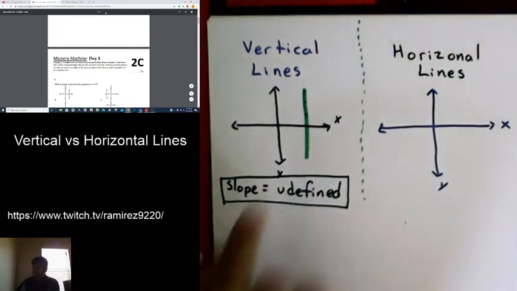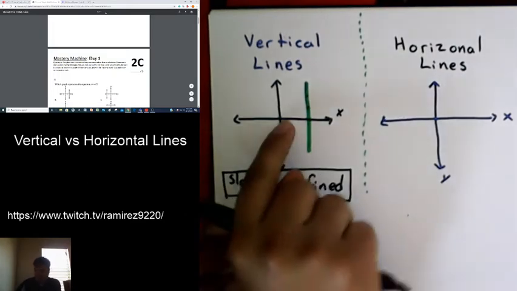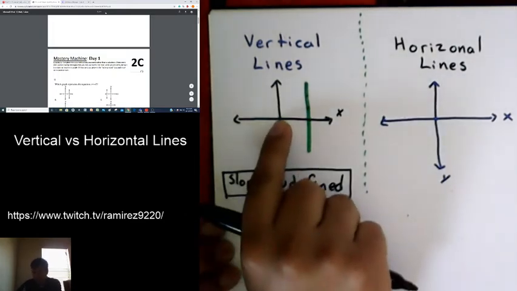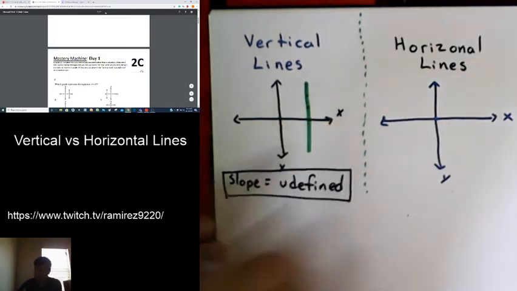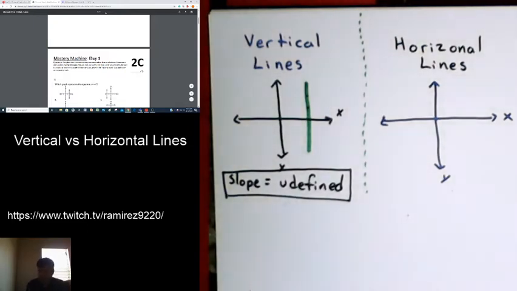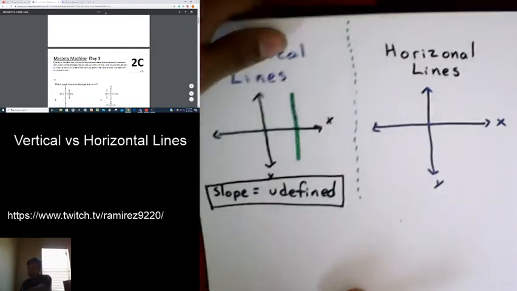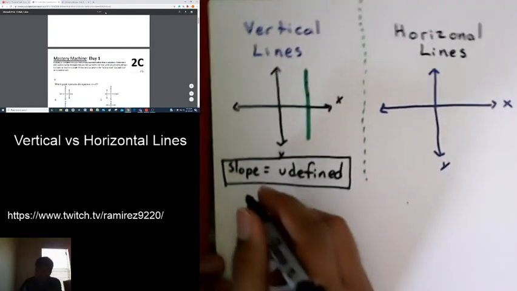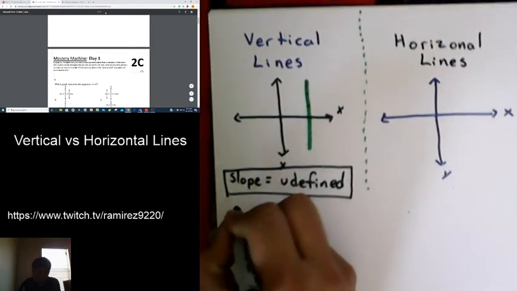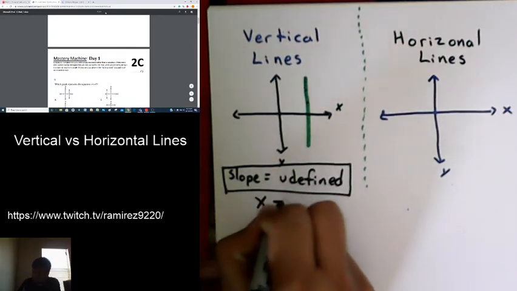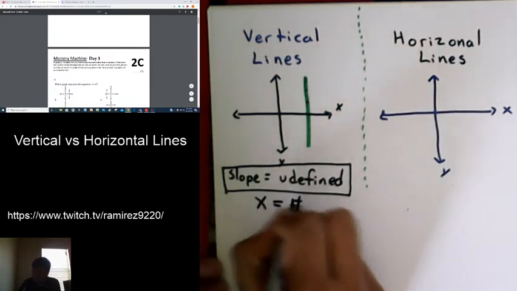Well, keep in mind that as I go to the right from the origin, my x value is positive. And anytime you have a vertical line, your equation will always be x is equal to a number of some kind.